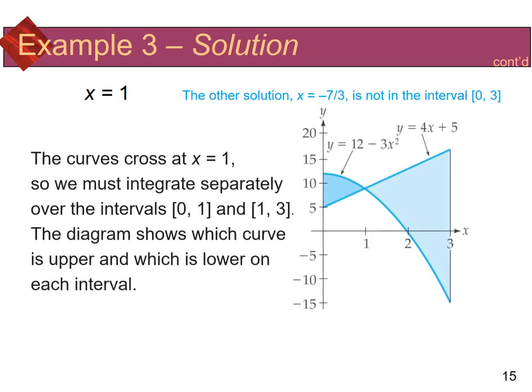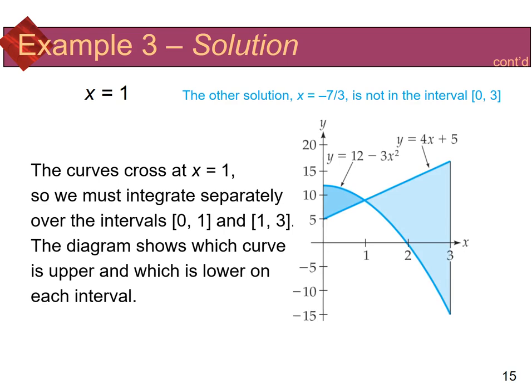So again, what the graph looks like: from 0 to 1, the 12 minus 3x squared is on top, and the y equals 4x plus 5 is below it. When I go from 1 to 3, the y equals 4x plus 5 is the upper function, and the y equals 12 minus 3x squared is the lower one.